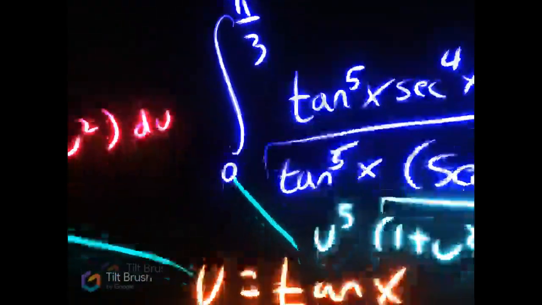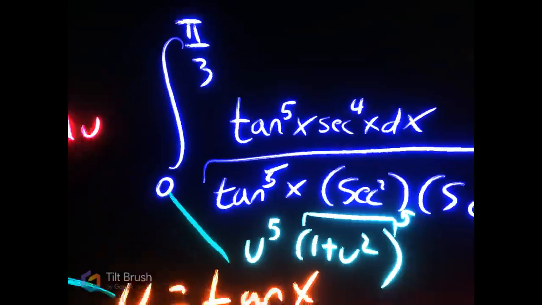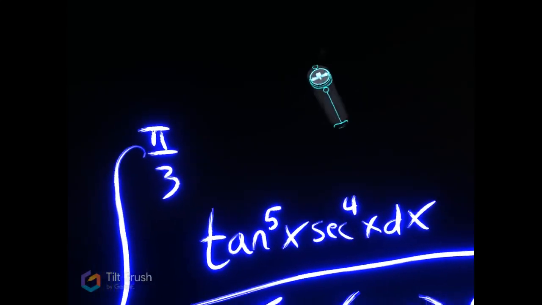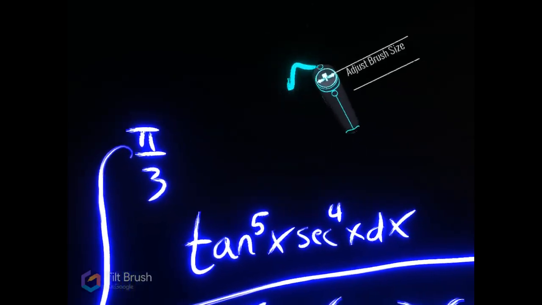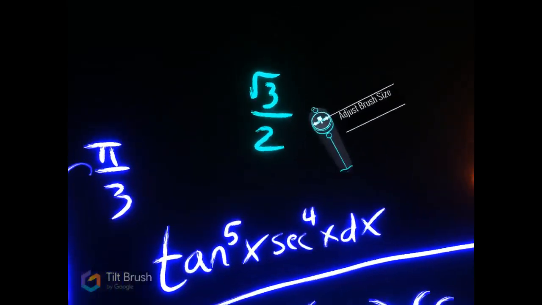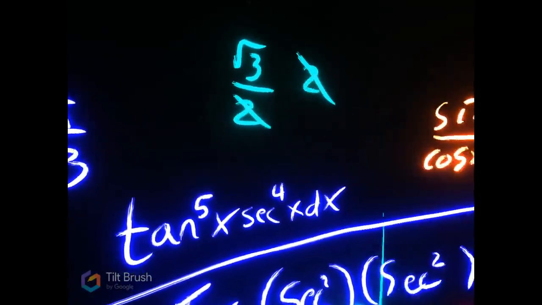And then tan of pi over 3, what is that? Let's see, sine of pi over 3 is root 3 over 2, right? Root 3 over 2 divided by, so times 2. So it's root 3, right?